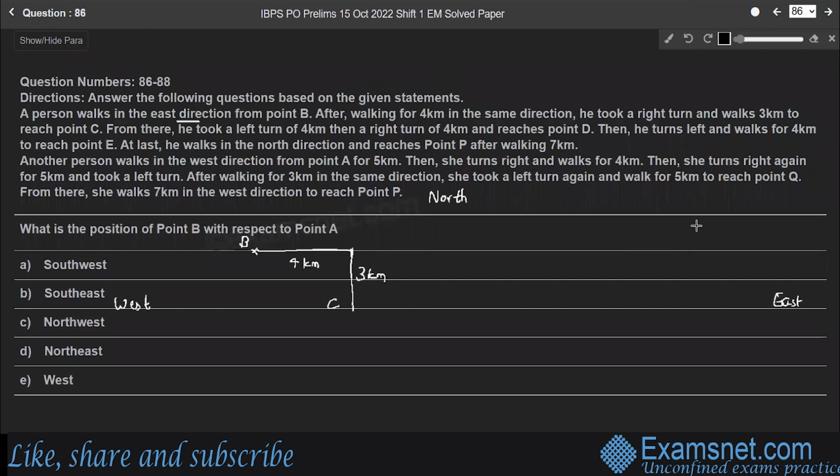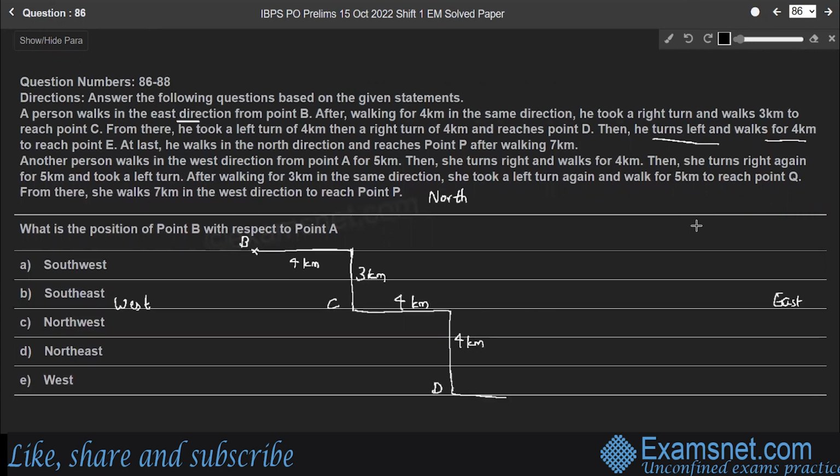He reaches point C. From there, he took a left turn. So again, he walks in the east direction, left turn, and walks for 4 km. And then a right turn, again downwards of 4 km and reaches point D. Point D is here. Then he turns left and walks for 4 km.